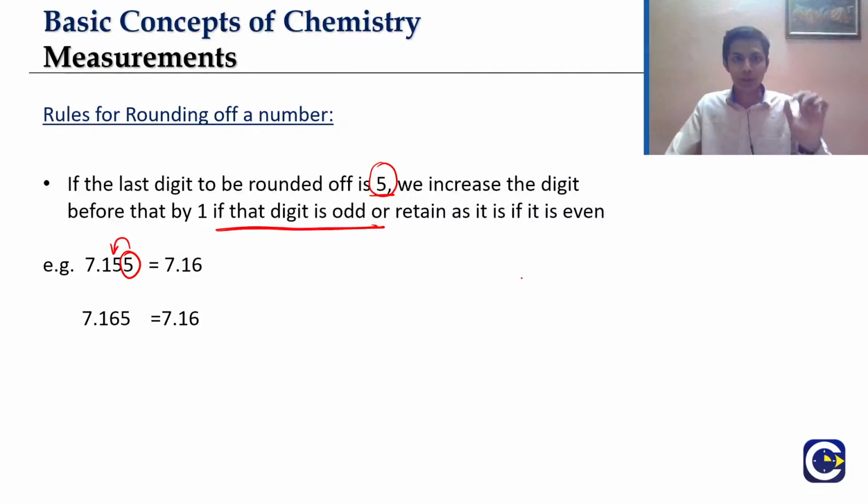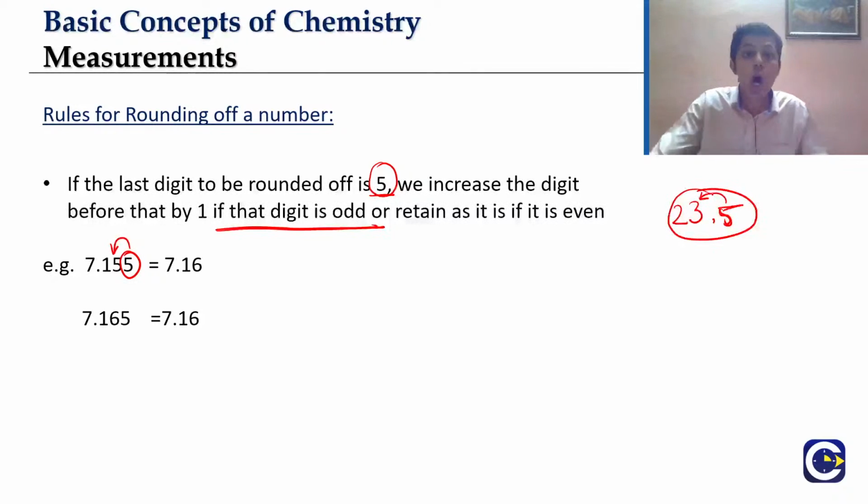So we got the answer for our controversy, 23.5. If that is the value you want to round off, then 5 is the last number. If the preceding number is odd, you need to increase it by 1. So it would have been 24.